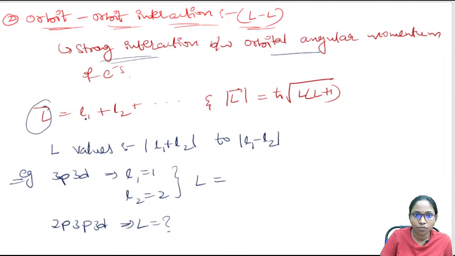And the modulus of this angular momentum is h cross into square root of L into L plus 1. This was solved in our last class. Is it clear?